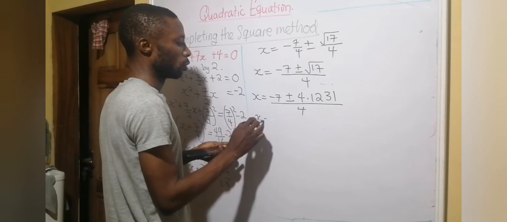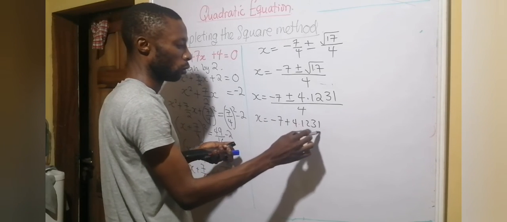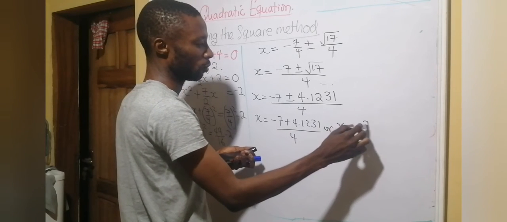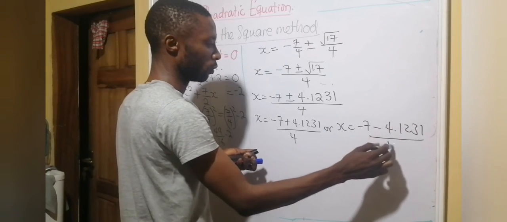So x is now equal to minus 7 plus 4.1231 over 4, or x is equal to minus 7 minus 4.1231 over 4.